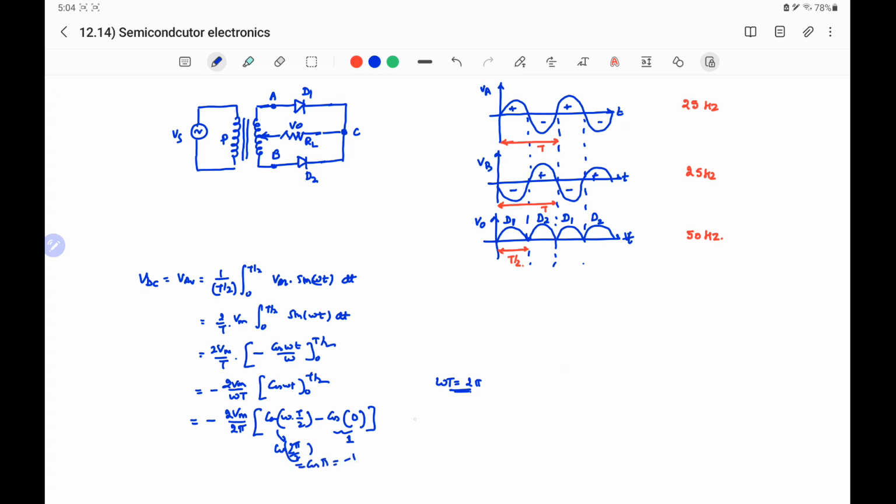So this will be equal to minus 2 Vm by 2 pi into minus 1 minus 1. That is equal to, this 2 and 2 get cancelled. So it is minus Vm by pi into minus 2. So we can write it as 2 Vm by pi. Hence, DC voltage or the average voltage of full wave rectifier is 2 Vm by pi.